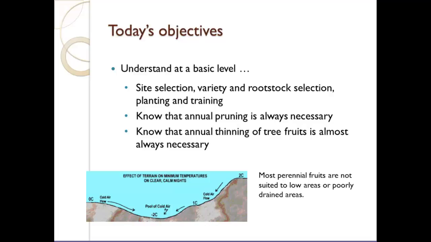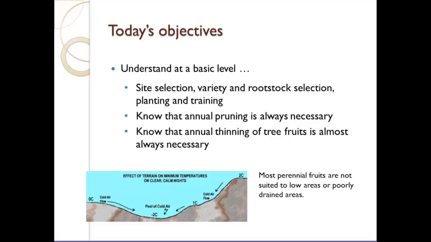So let's move into some generalities about tree fruit. When we're talking about site selection, for most of our perennial tree fruit and small fruit, we're trying to place these plants in premium sites. If you want to be sustainable, you want to be in premium ground, and most perennial fruit are not suited to low areas or poorly drained areas.